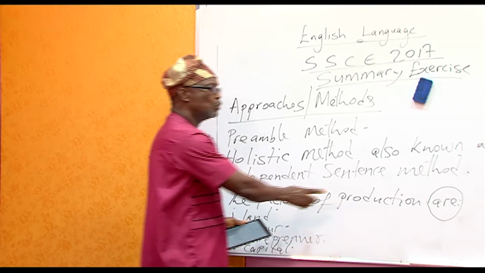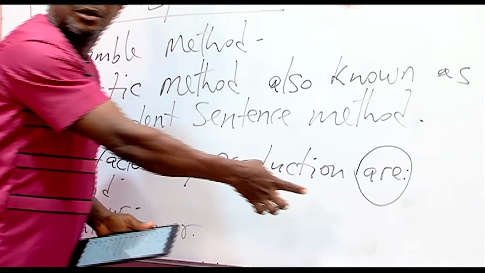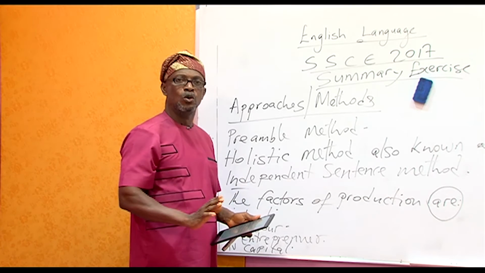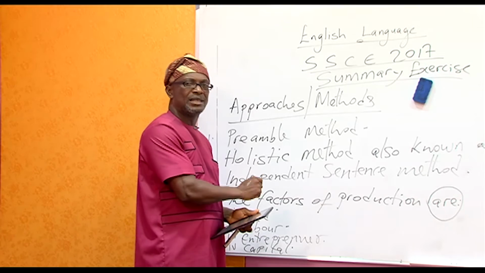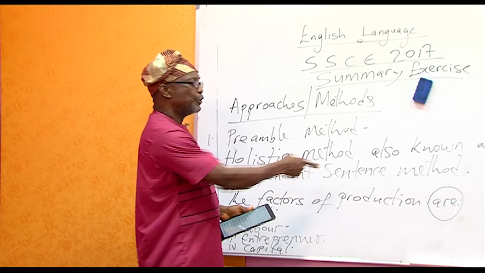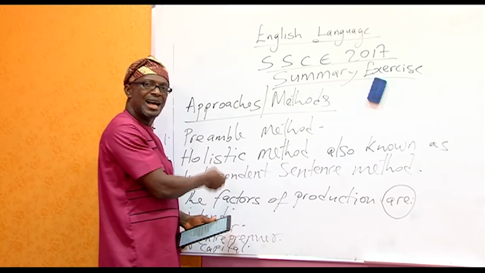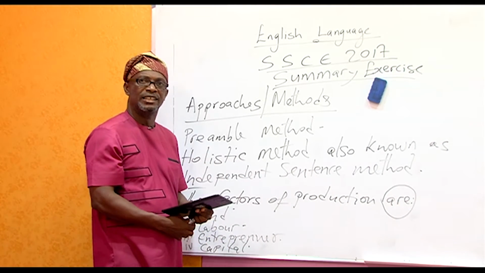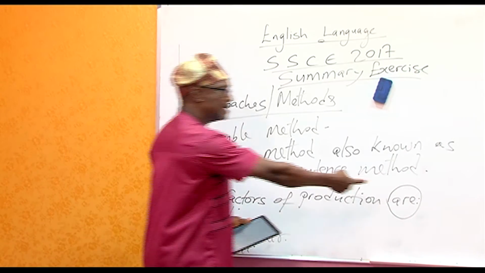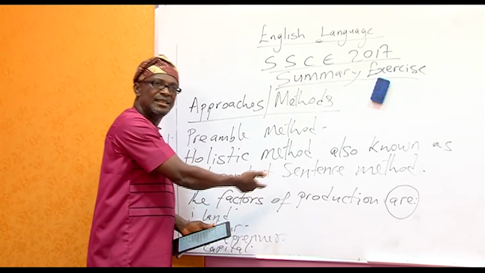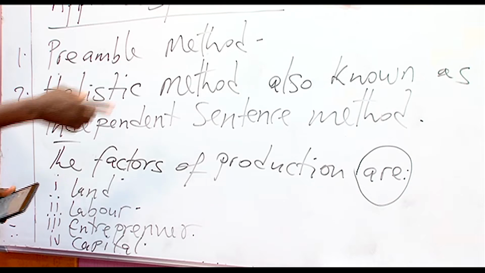Before now, if you use this method, the use of the plural verb, you are on your way to acquiring all the marks that is allotted to that particular question. But now, if you use that, it will be a great blemish on you, and your answers are going to suffer a great deal. Why? Because if you take land and add it here, you are not getting a full sentence. It will read thus: the factors of production are land.